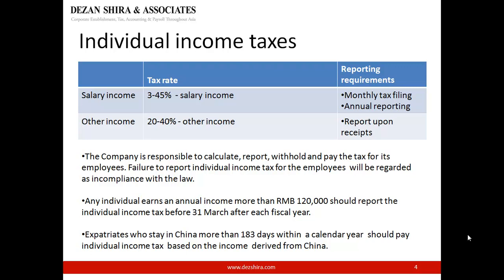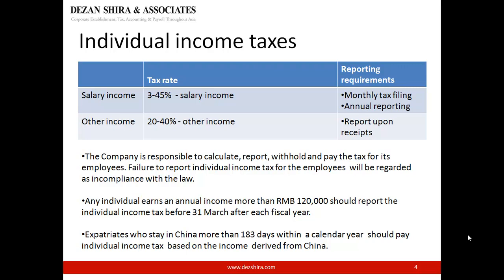But in this case, this agreement is ineffective because, as I said, the company is responsible to report, withhold and pay the tax for the employees. There's no way that you sign this contract and both sides would not pay the tax. So bear in mind that you should never do this when you do business in China.